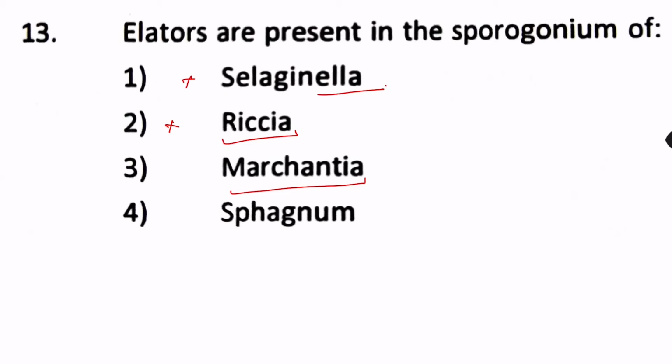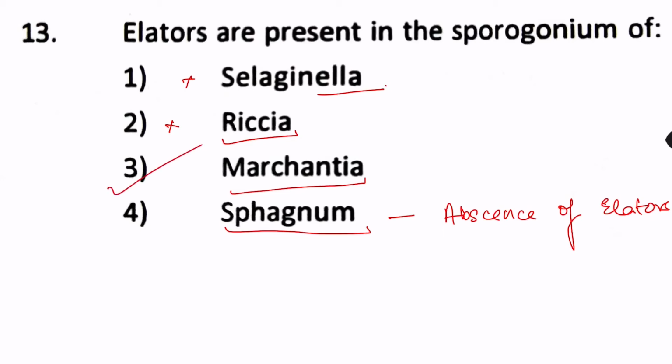So Marchantia has elaters, but remember that though Sphagnum belongs to a higher class than the Marchantiales, Sphagnum is marked by the absence of elaters. This has to be memorized. So the answer is Marchantia. Elaters are present in the sporogonium of Marchantia.